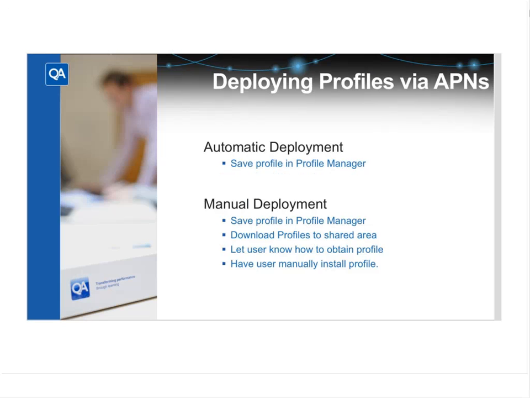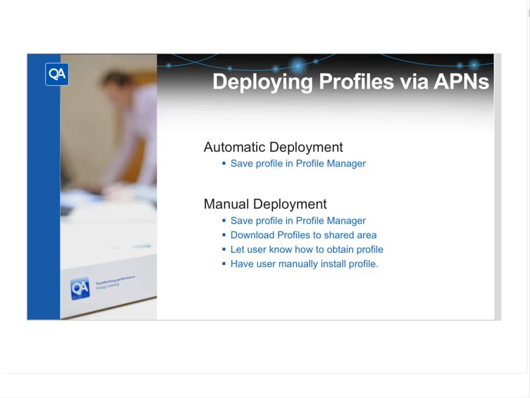So you can go and do manual deployment of your profiles. As you create it, you simply save the profile. You then download that profile itself into a shared area. They are XML files, so you can go in and create your mobile config file, store it on a website or a shared folder, and then simply send your users an email.